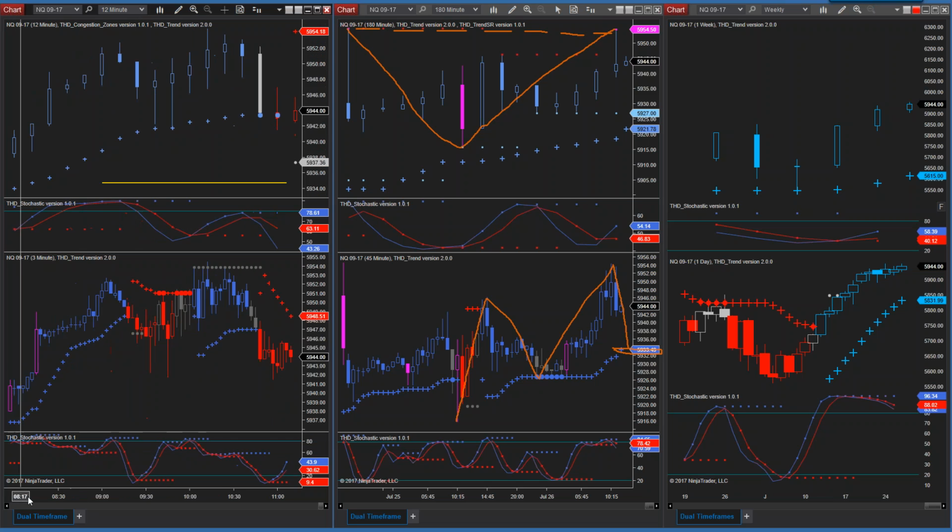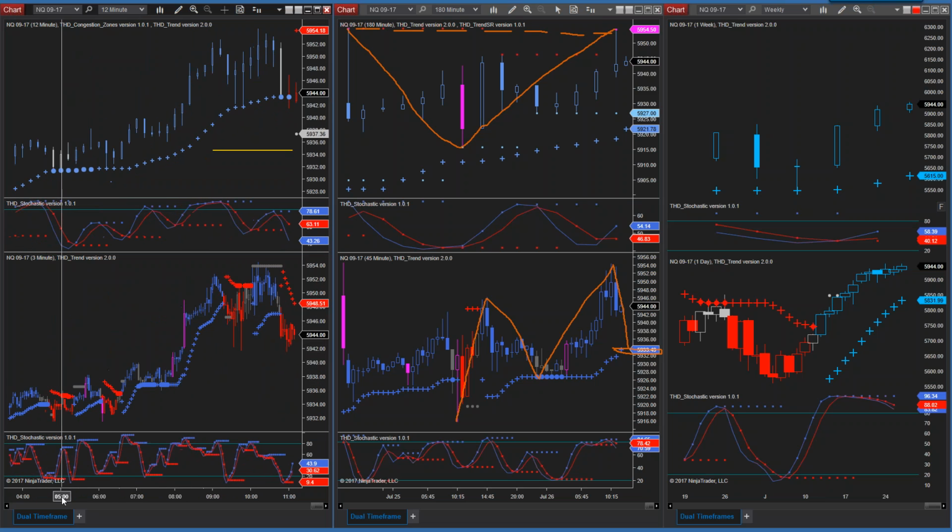I'm going to shrink this one up just a little bit. Now, if we come over here, we've made a high, a low, a high, a low, a high, and a low, and a high. Now we're making the low. What is it about this low that says we might be in trouble here?